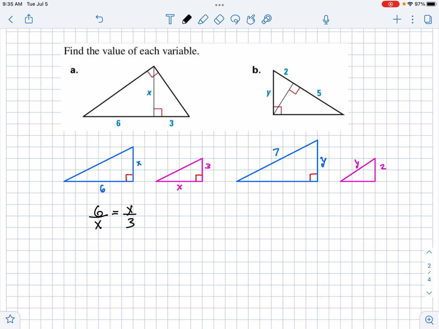See, there's your geometric mean there, x. This gives you 18 is equal to x squared, and x is equal to the square root of 18.